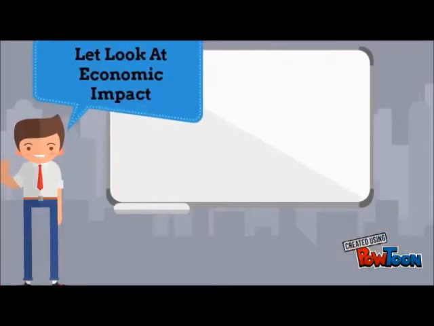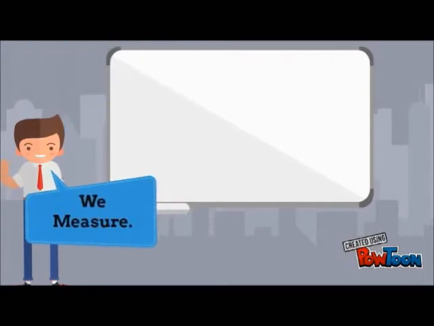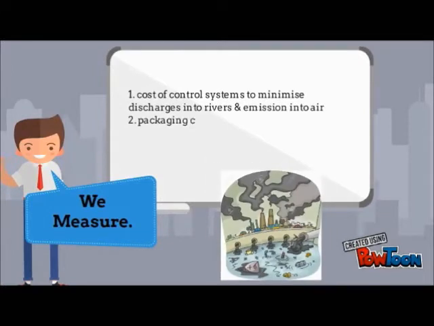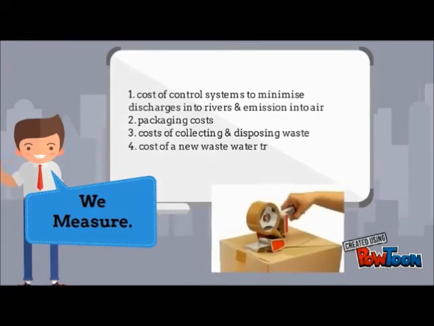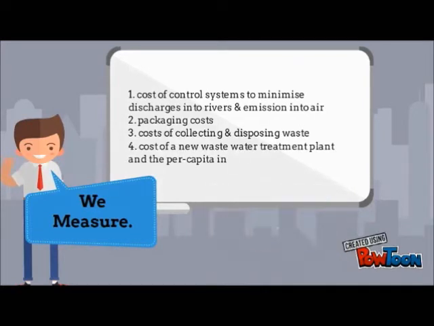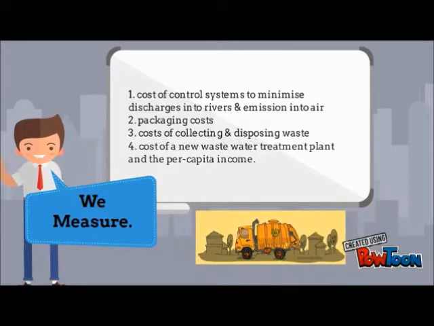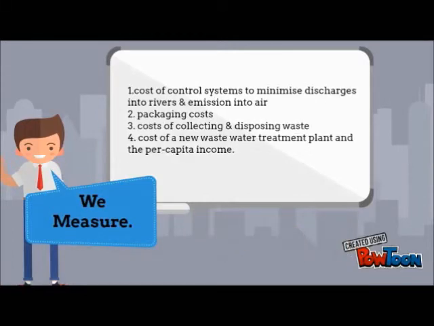First, let's focus on the economic impacts of environmental costs. Economic impacts of environmental costs also include measuring the cost of control systems to minimize discharge into rivers and emission into air, packaging costs, cost of collecting and disposing waste, cost of a new wastewater treatment plant, and per capita income.